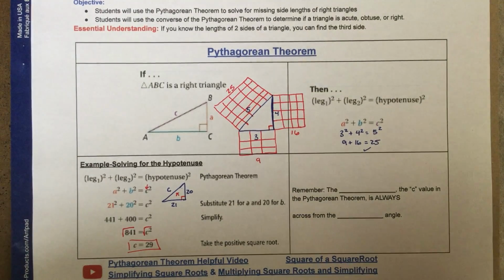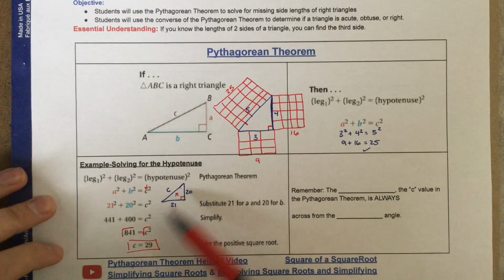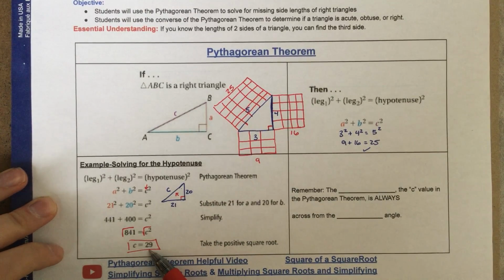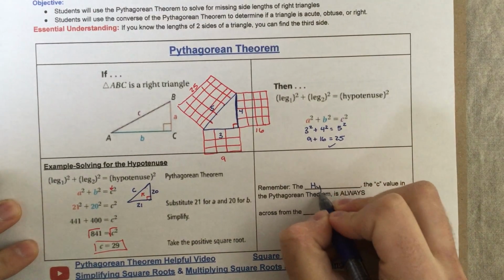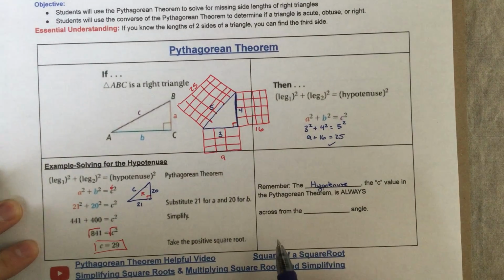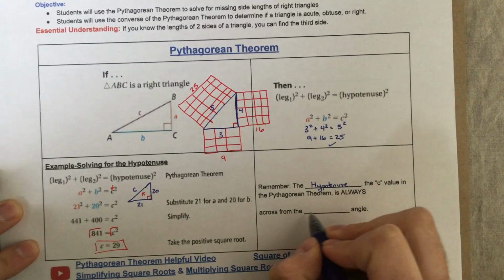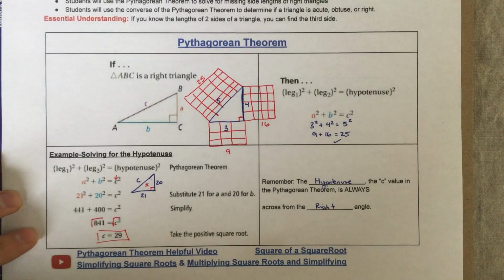A great way just to quickly check is that since this has to be the hypotenuse, the largest side of a right triangle, this number has to be larger than 20 and 21. So remember, the hypotenuse, the C value in the Pythagorean theorem, is always across from the right angle.